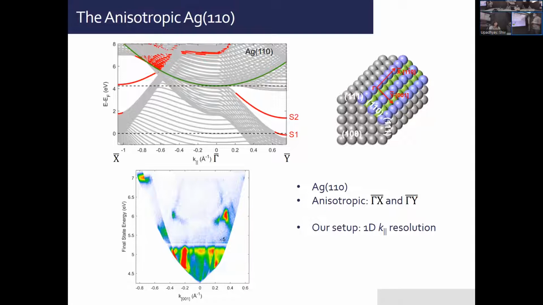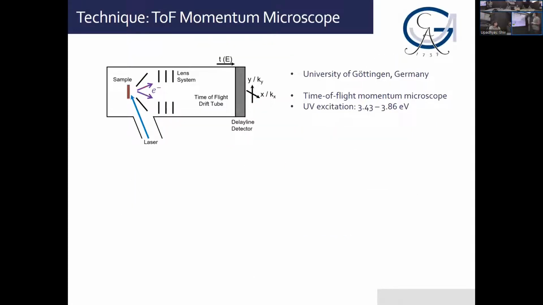So at the beginning of 2020, I got a chance to visit the University of Göttingen to use their setup, the time-of-flight momentum microscope. Basically, they can collect all the electrons from the surface and analyze them and generate a 3D data set with energy versus two-dimensional momentum resolution.